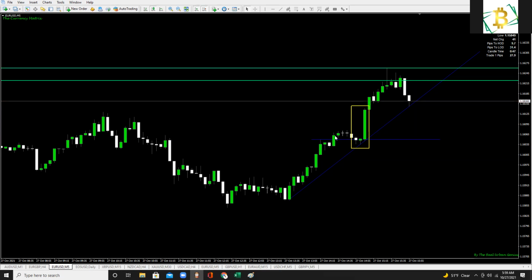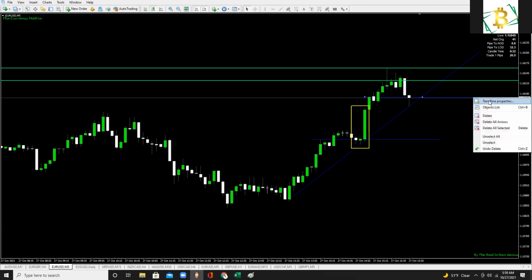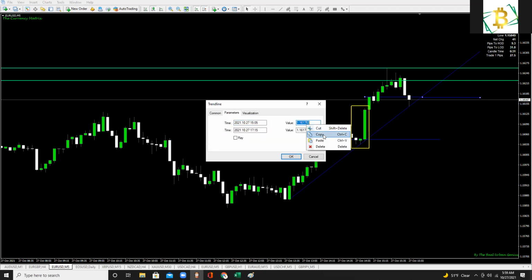Then over here, you see we broke it, bounced, another swing high. Now this particular area is going to be identified by this bullish candle. The level is marked off by the bearish candle that followed it.